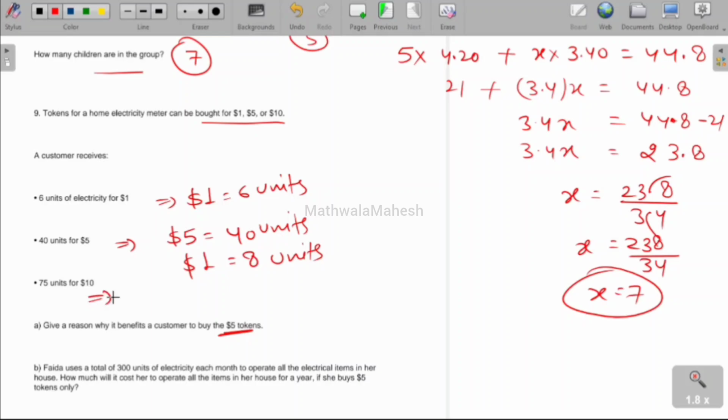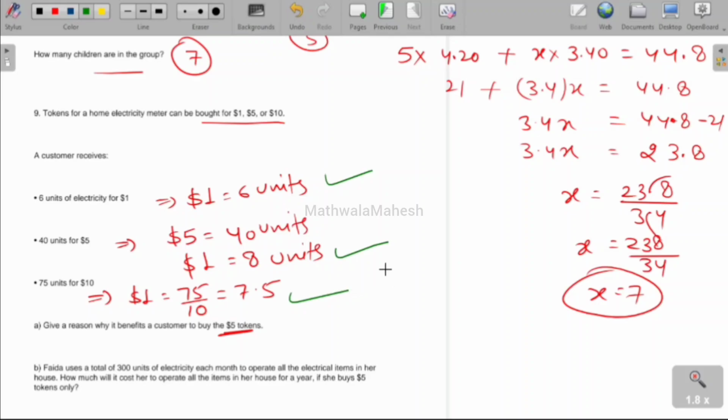And for this one, $1 equal to 75 upon 10, which is 7.5. So for $1 we got 6 units, 8 units and 7.5 units.